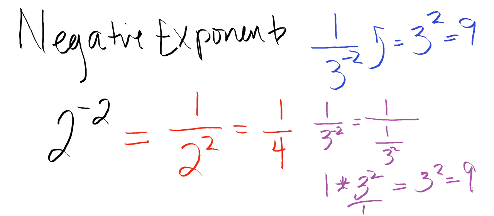So instead of doing that, my suggestion is this: if you see it in the numerator, even if you don't see a denominator, it really means to move it down. If you see it in the denominator, like so, it really means to move it back up.